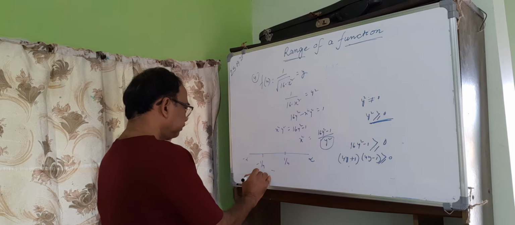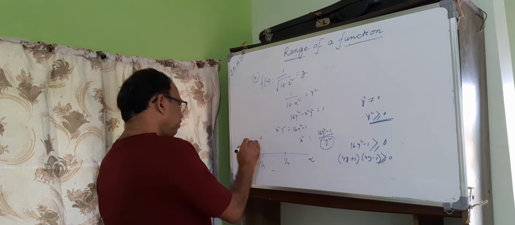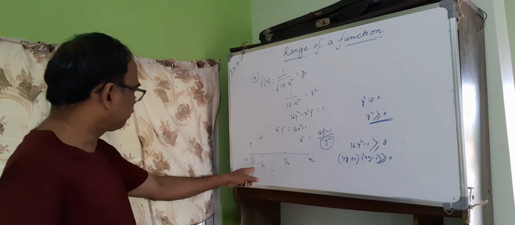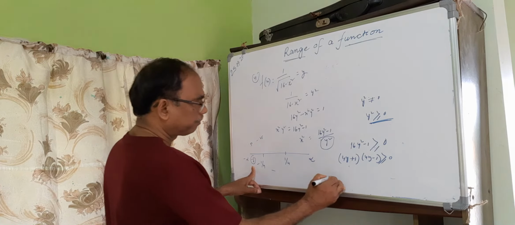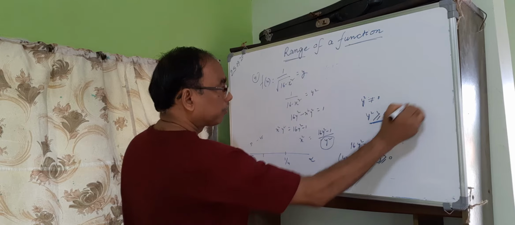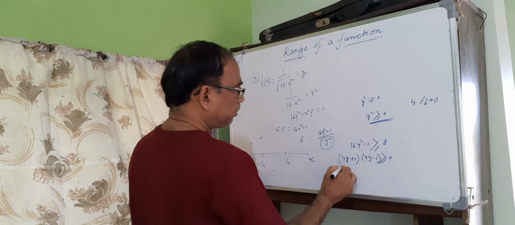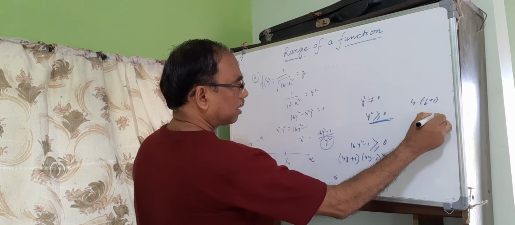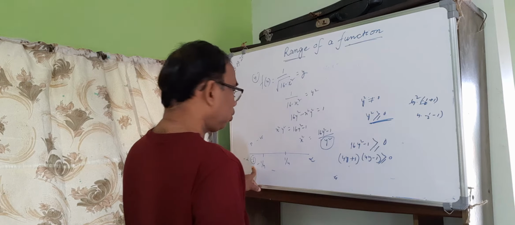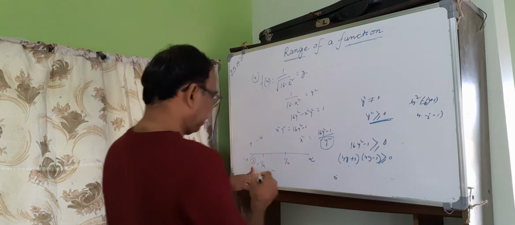Suppose we take minus half, that is 4 into minus half plus 1, which is negative, and 4 into minus half minus 1, negative.